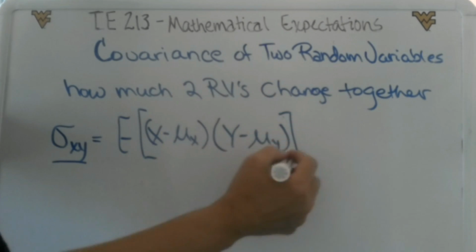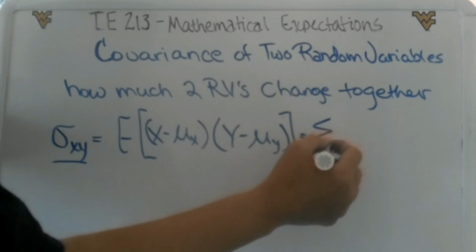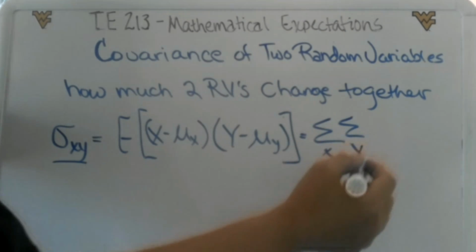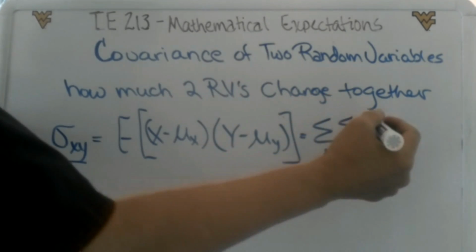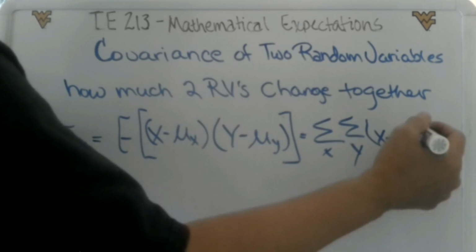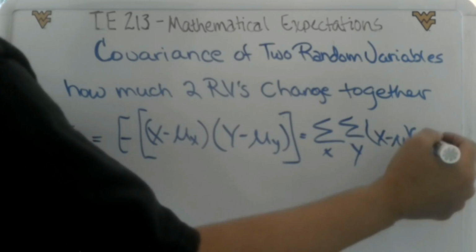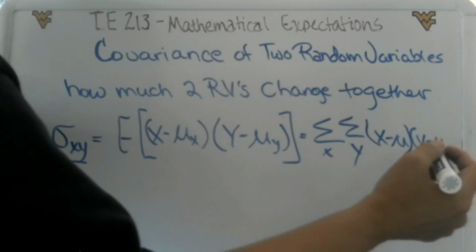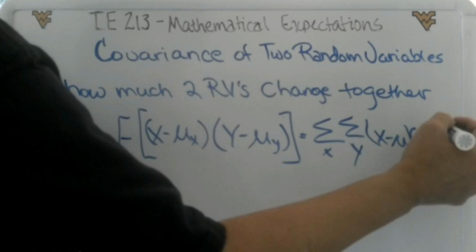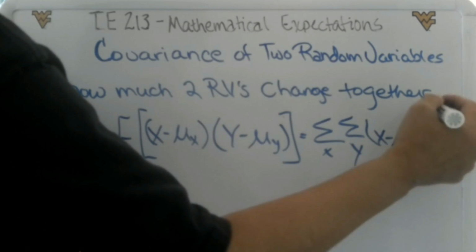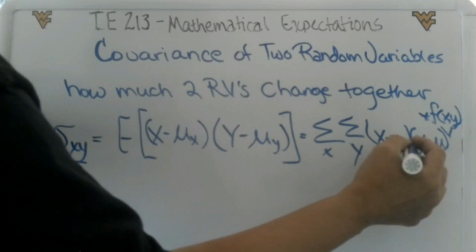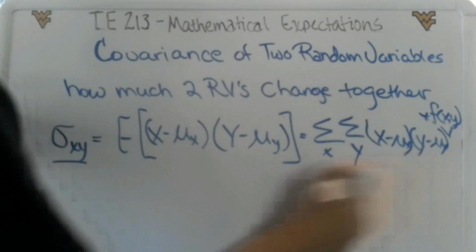And this is equal to, as we've seen, the sums of the x's, because this is discrete, and the sums of the y's of x minus mu x times y minus mu y times f of xy.